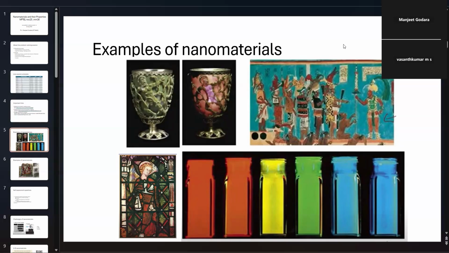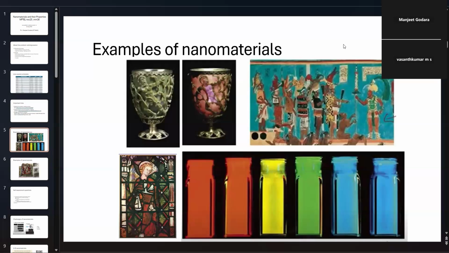But if you put the light inside the cup and see it across, so that the light comes through the cup, then you see a different, reddish color. That is due to gold nanoparticles inside the paint.